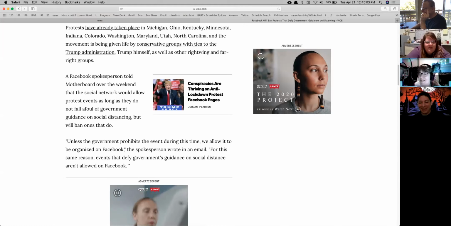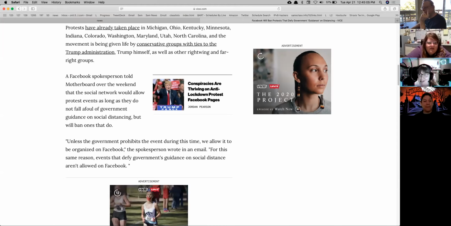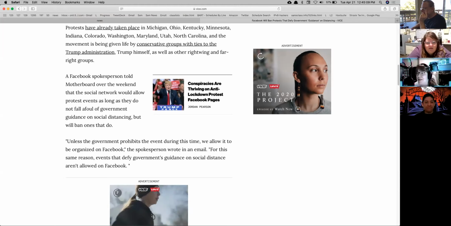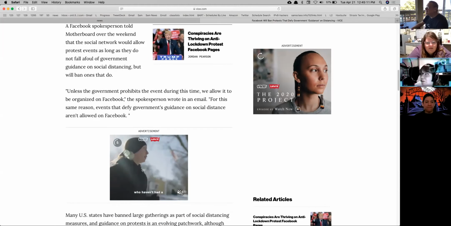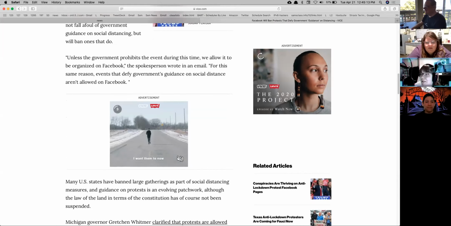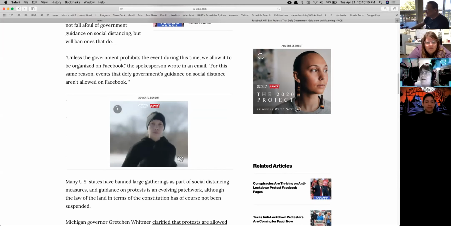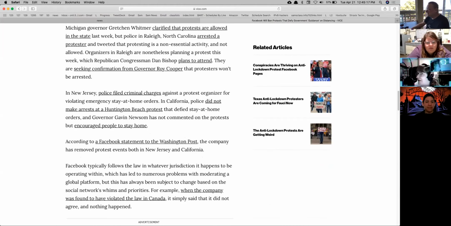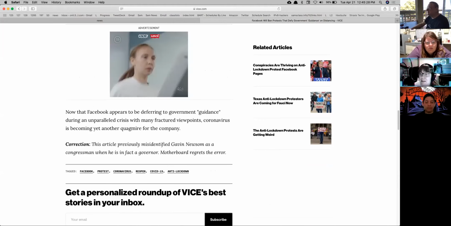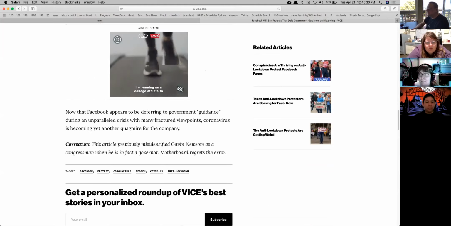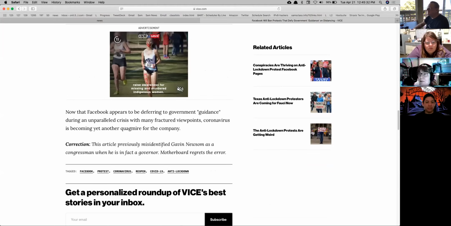Yeah. Facebook is trying to cut down on these groups organizing and violating social distancing laws, which I'm sure there are people out there that are going to complain about freedom of speech and blah, blah, blah. But I think this is a good thing. You need to keep people safe, and social media companies really need to be aware of any misinformation or any dangerous posts that could put people in danger.